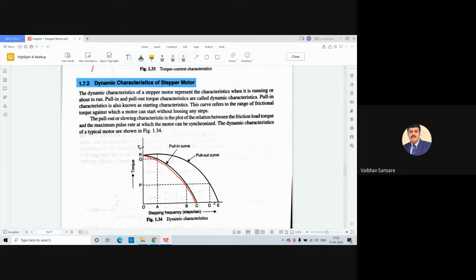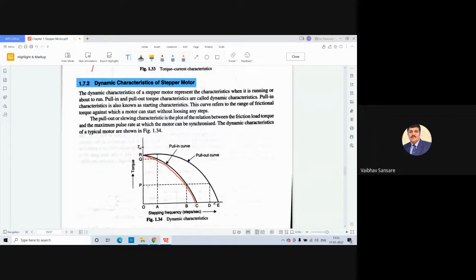The pull-out or slewing characteristics is plotted between the frictional load torque and the maximum pulse rate at which the motor can be synchronized. You can say that it is plotted between the load torque and maximum stepping frequency during the synchronism condition.